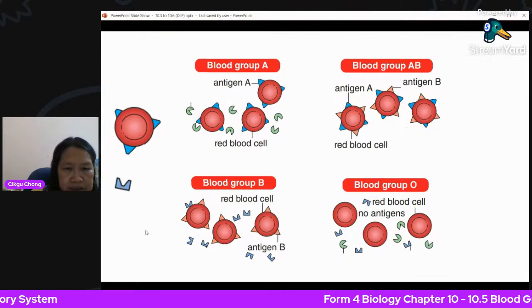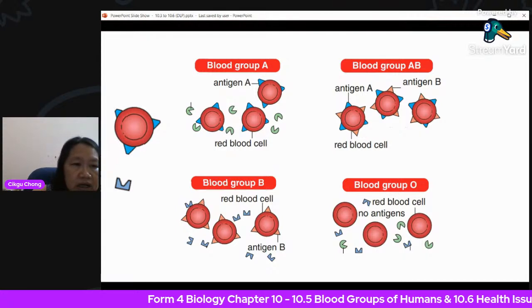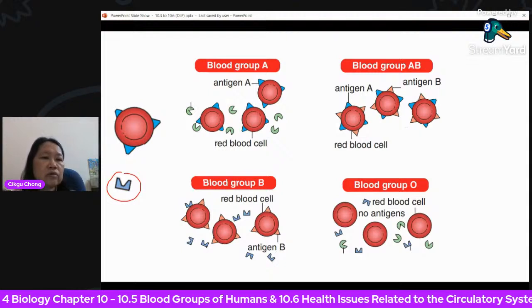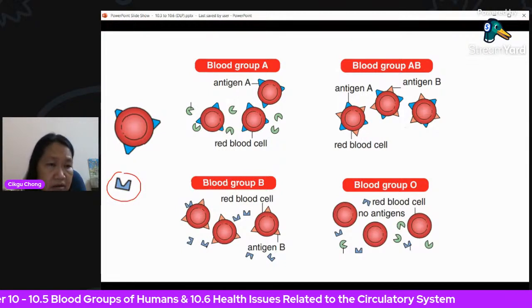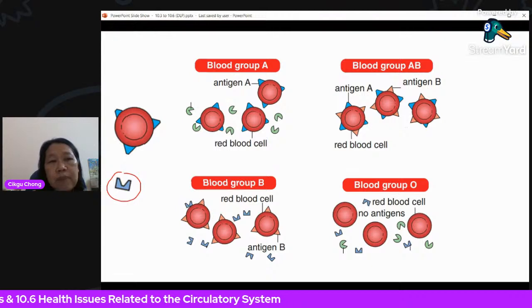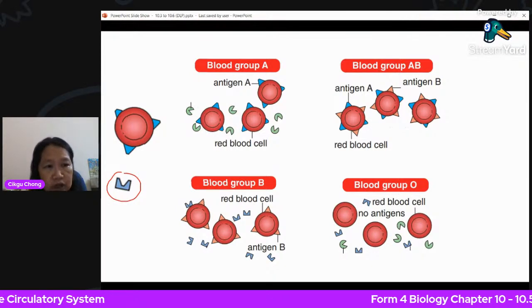If that person has antigen A, that person should not come into contact with antibody A. Antibody A is the type of protein that will be able to bind onto the antigen. So this should not happen.